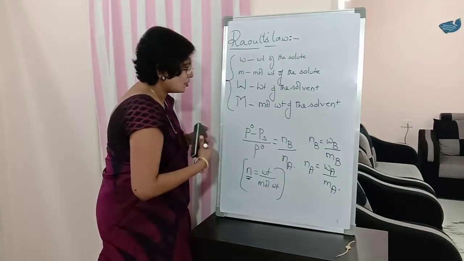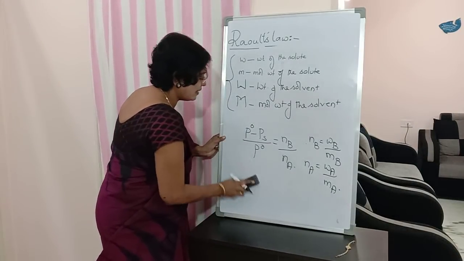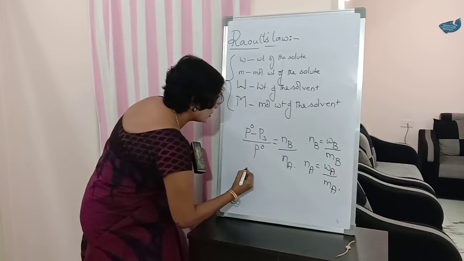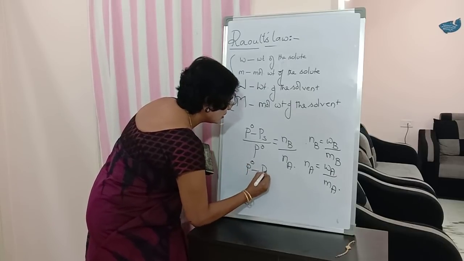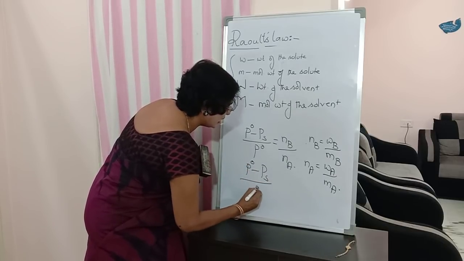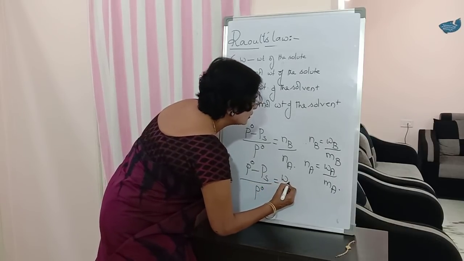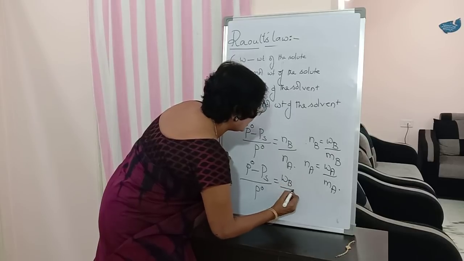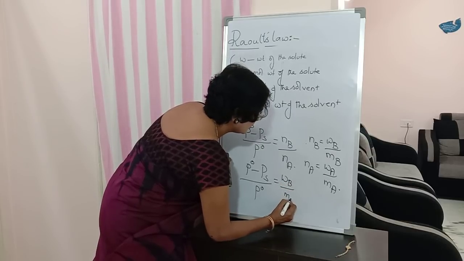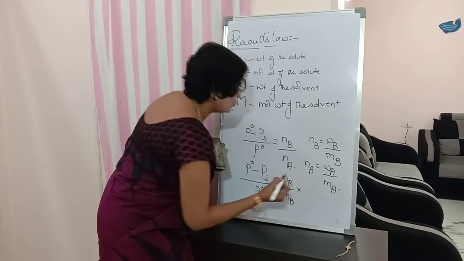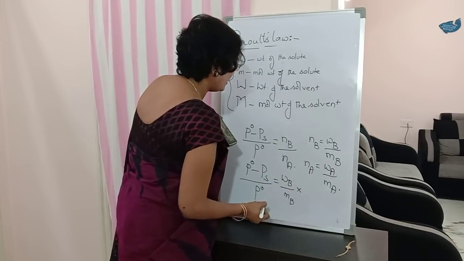Okay students, so therefore using these values we can write P0 minus Ps by P0 is equal to, so Wb by Mb into, or by Na means what students?